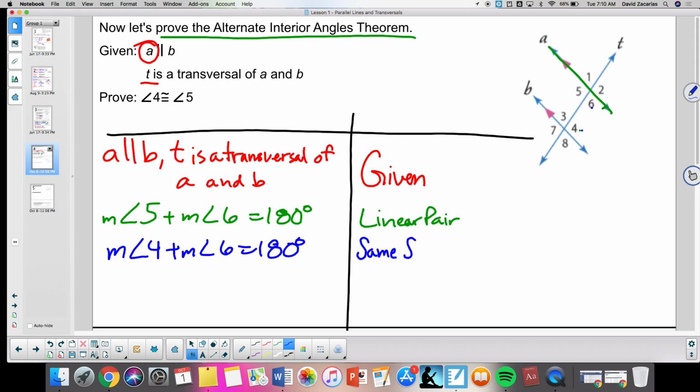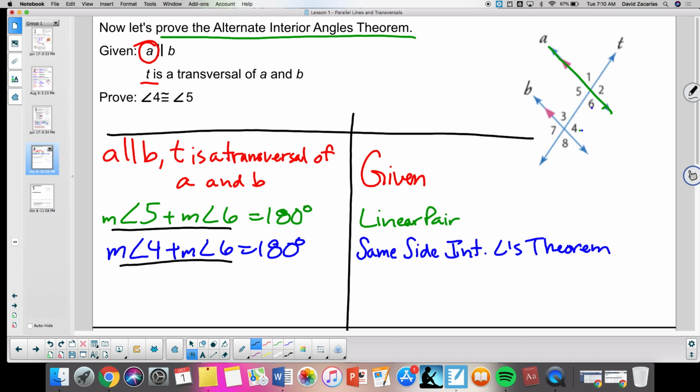So we can say the same side interior angles theorem, which states if two lines are parallel and there's a transversal that cuts through them, then same side interior angles are supplementary or add up to 180. Well, we're almost done here. Notice that these are both equal to 180. This sum and this sum are both equal to 180.